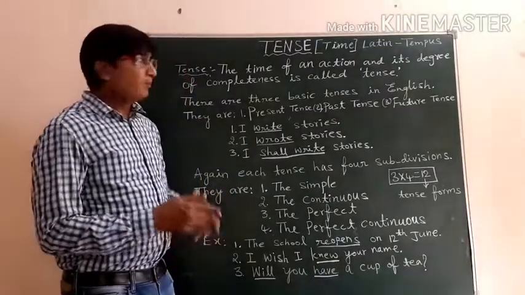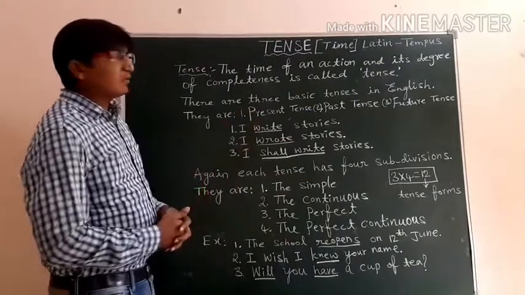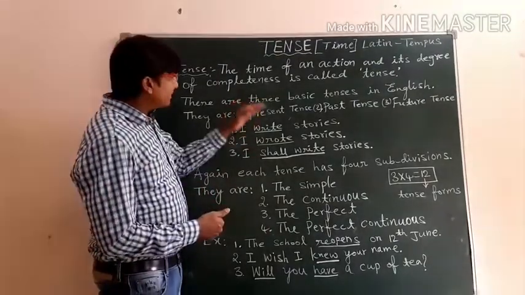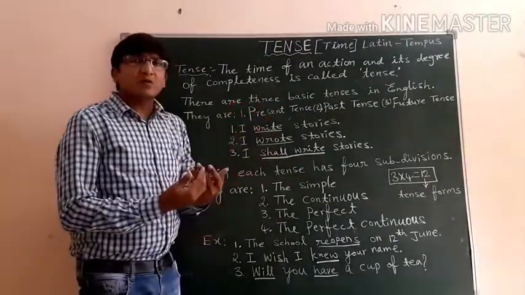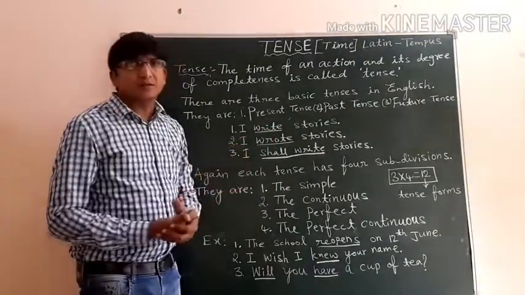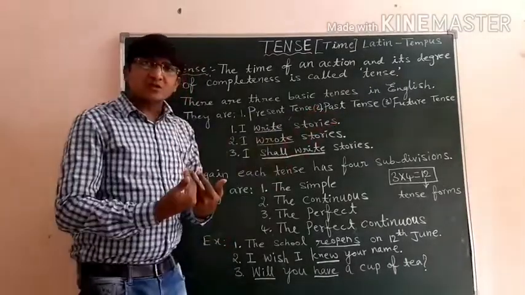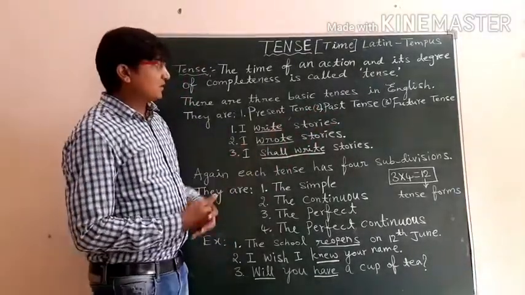Why? Generally, when we talk about present tense, we think that present tense only tells about the actions that take place in the present. If we take past tense, it tells about the actions that occurred in the past.